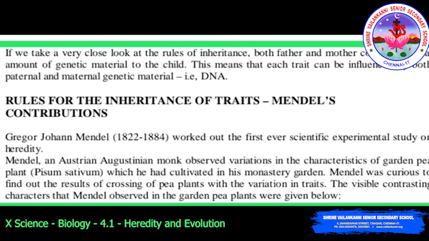If we take a very close look at the rule of inheritance, both father and mother contribute an equal amount of genetic material to the child. The father bears 50% as well as the mother bears 50% of the genes, making you a 100% species, that is progeny.